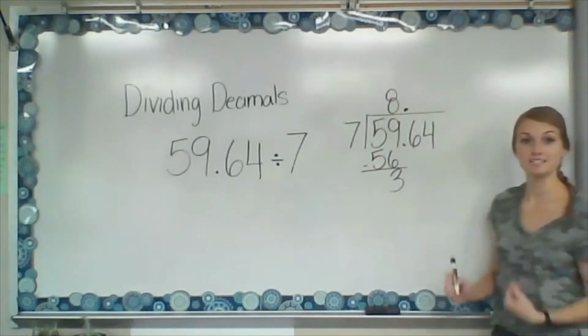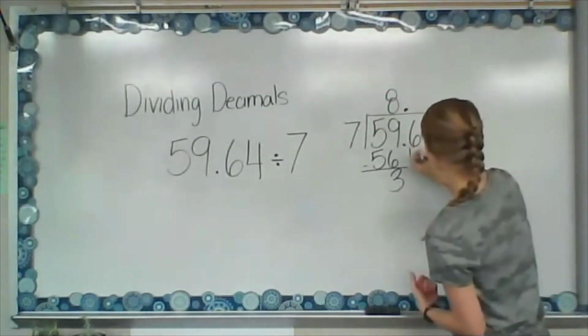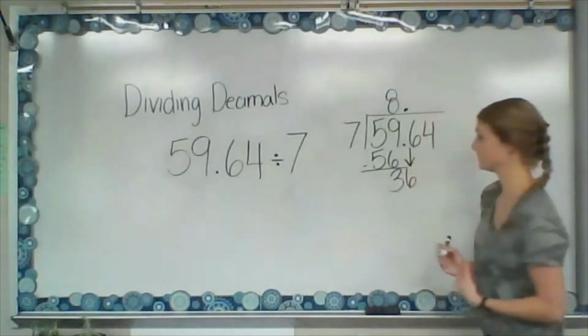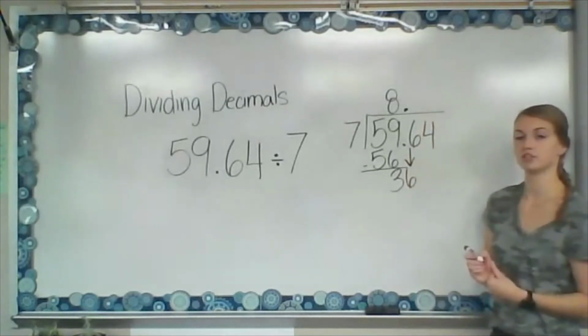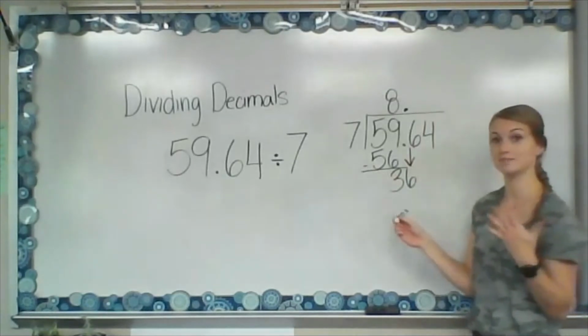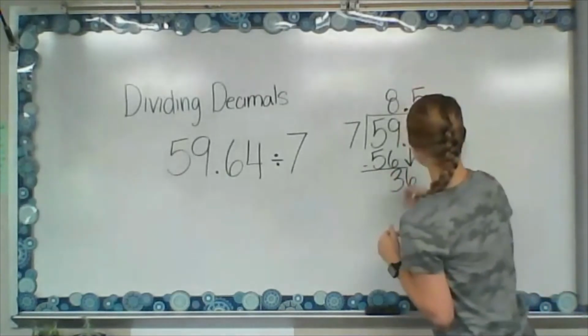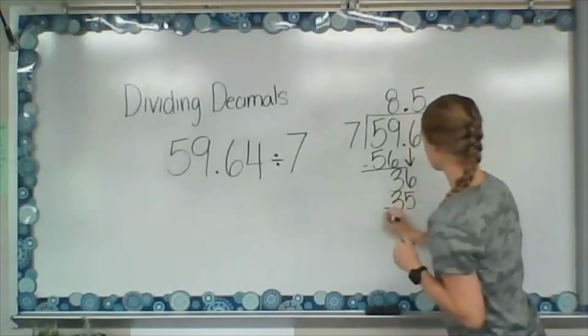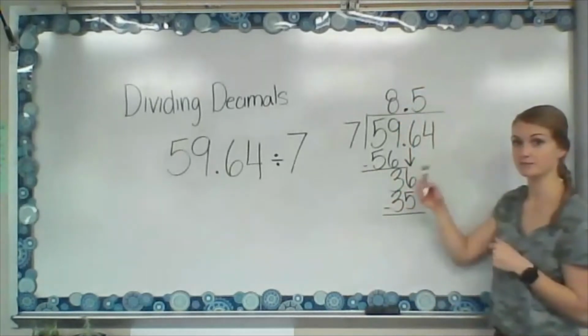Then I'm going to bring down my 6. How many times does 7 go into 36? 5, right? 5 times 7 is 35.